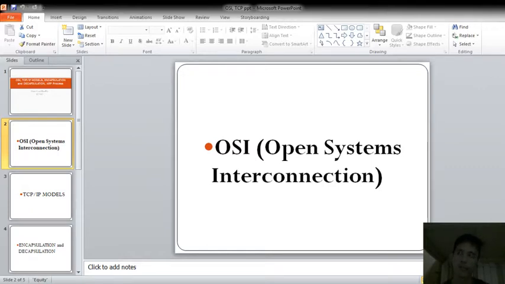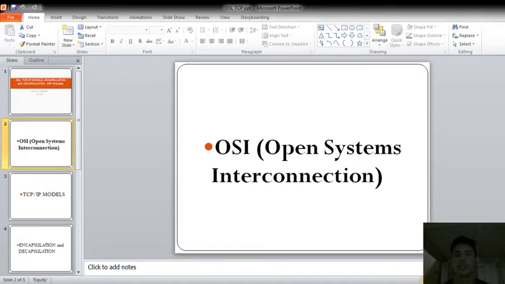The model was created by the International Organization for Standardization, or the ISO, an international standard setting body. It was designed to be a reference model for describing the functions of a communication system.